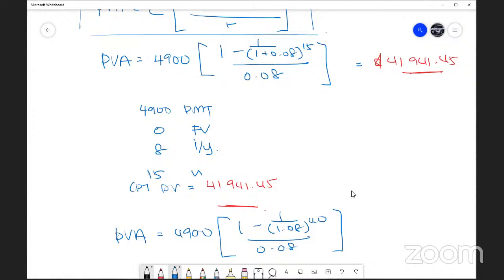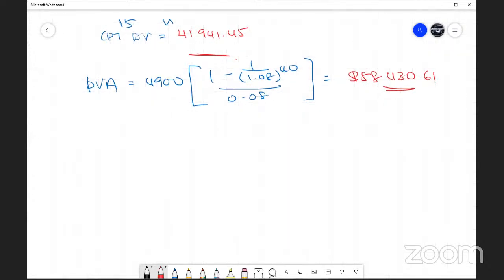Change N to 40 years. This will give you $58,430.61.